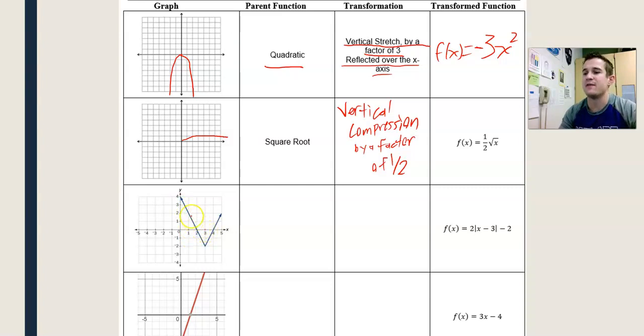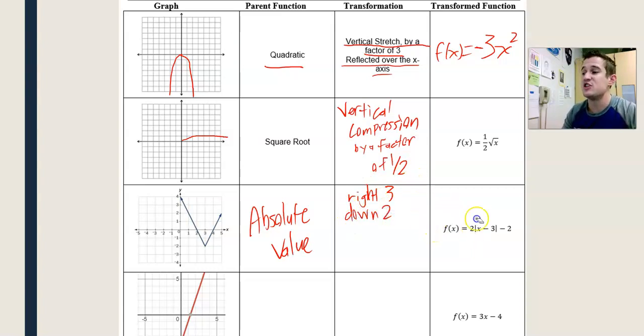Next down here I have an absolute value function. I know because it's a V and I have these absolute value bars. So right off the bat, if I'm just ignoring this 2, this transformation I recognize from the last lesson. This is moving to the right 3 and down 2.